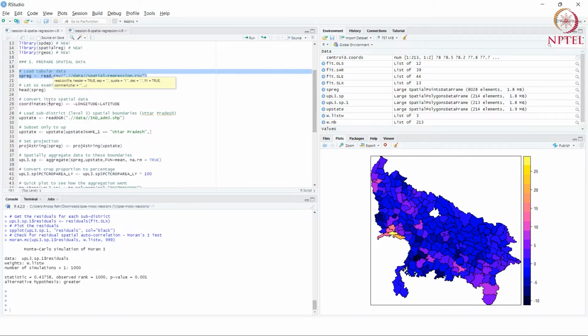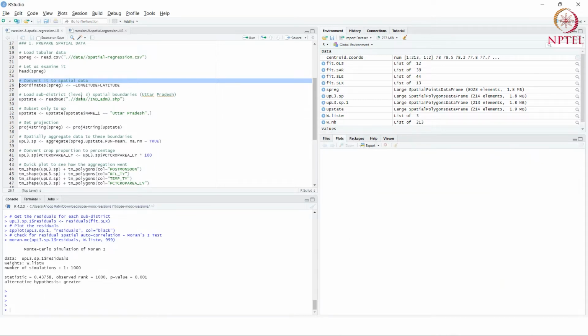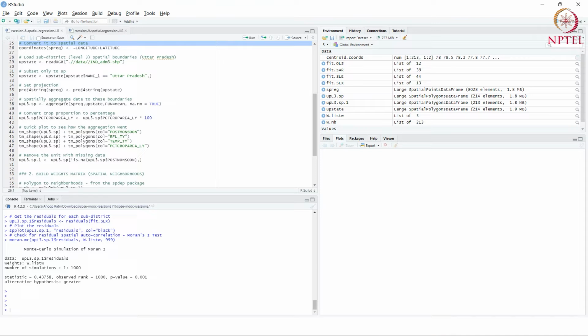And then we converted it to spatial data, and then we loaded our state boundaries or sub-district boundaries for Uttar Pradesh. We aggregated our data to these boundaries, so we have a value for every sub-district as opposed to a value for every well. So we aggregated the well level observations to a higher unit.